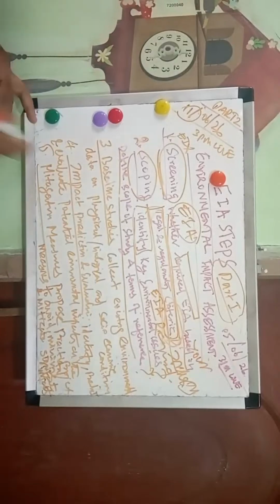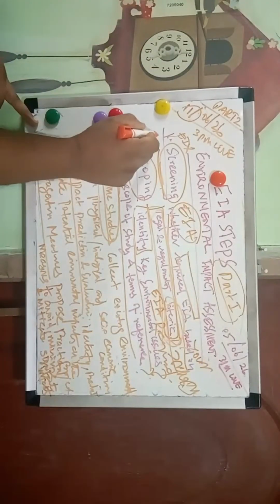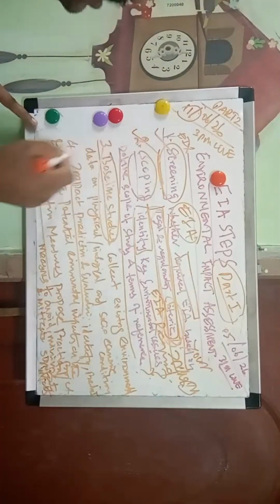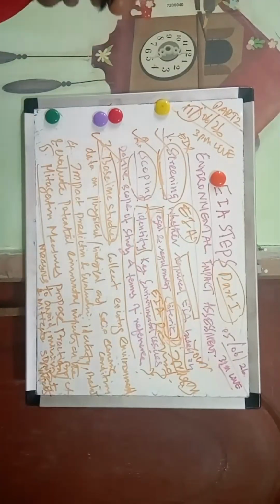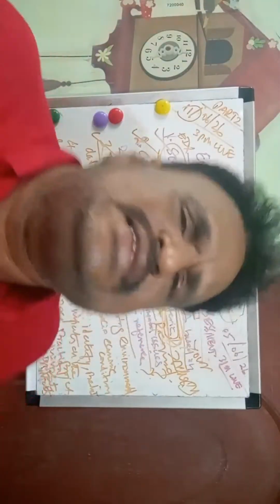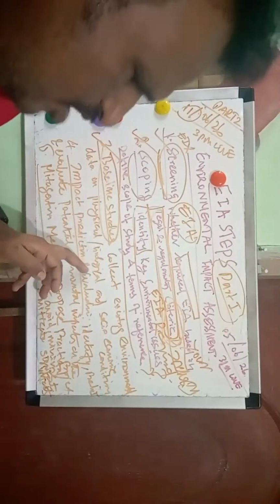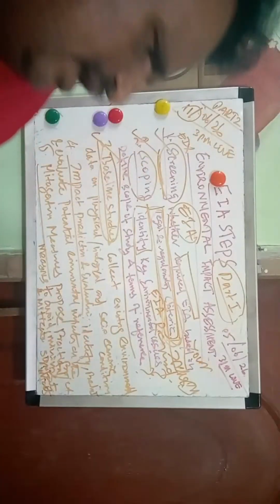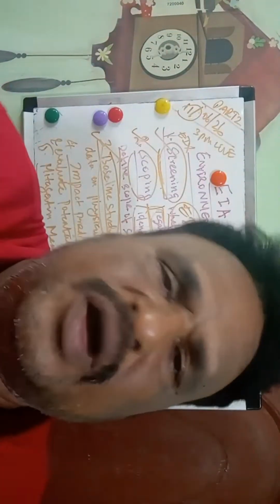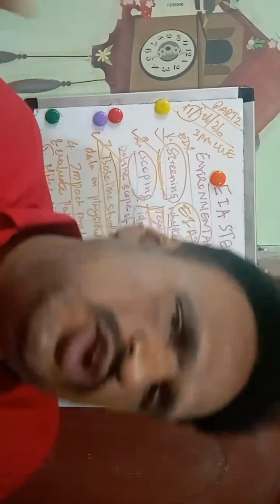The third one, baseline studies. You did screening, you did scoping, then you have to do the baseline studies. What baseline studies? You have to collect the existing environmental data on physical, biological and socio-economic conditions around the construction industry, around the upcoming projects. Because when you do the EIA, only then can you construct the industry.